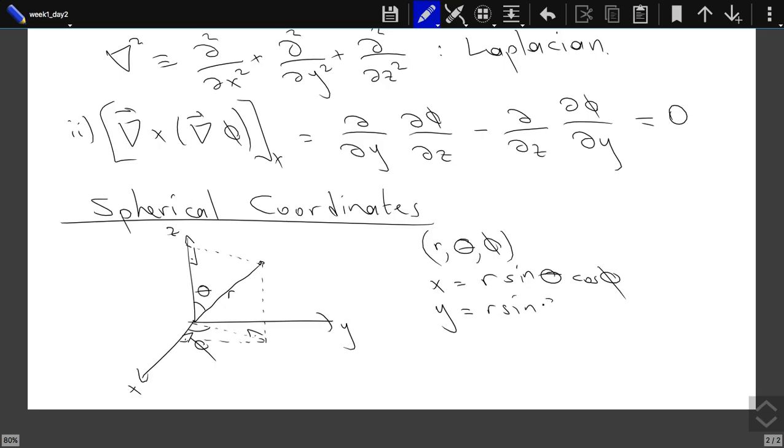If you multiply r sine theta by sine phi, you basically get this length, which is the y-coordinate of this point or this point. And the z-coordinate is just this length over here, and that is r times cosine theta.